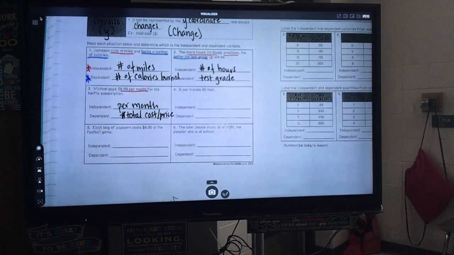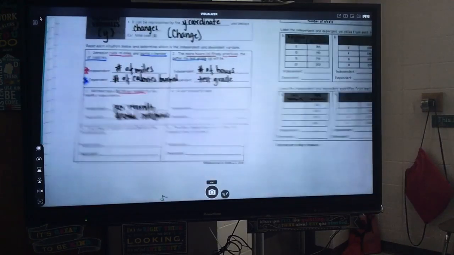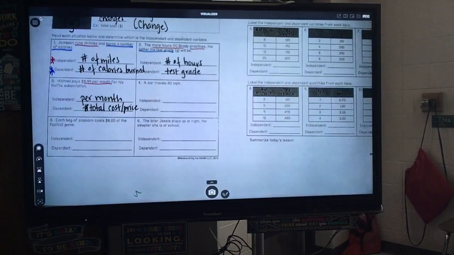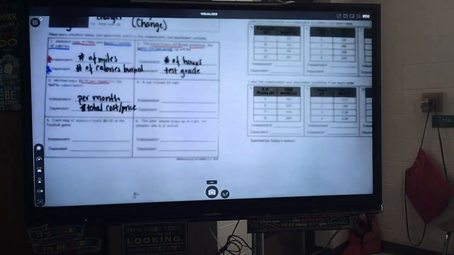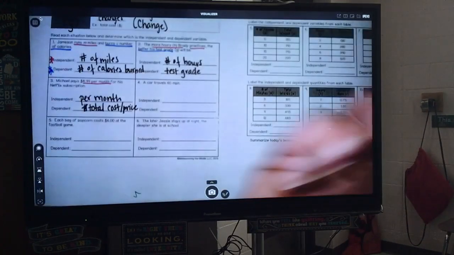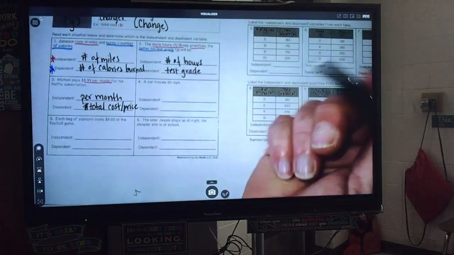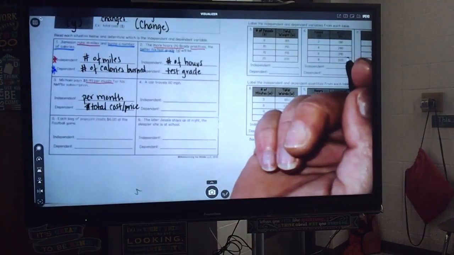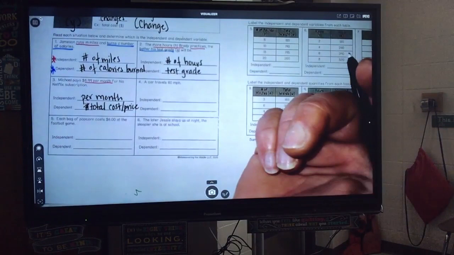A car travels 60 miles per hour. Alright, so what is our independent in this one? The independent. Ronnie, what do you think? Maybe we're on number 4.